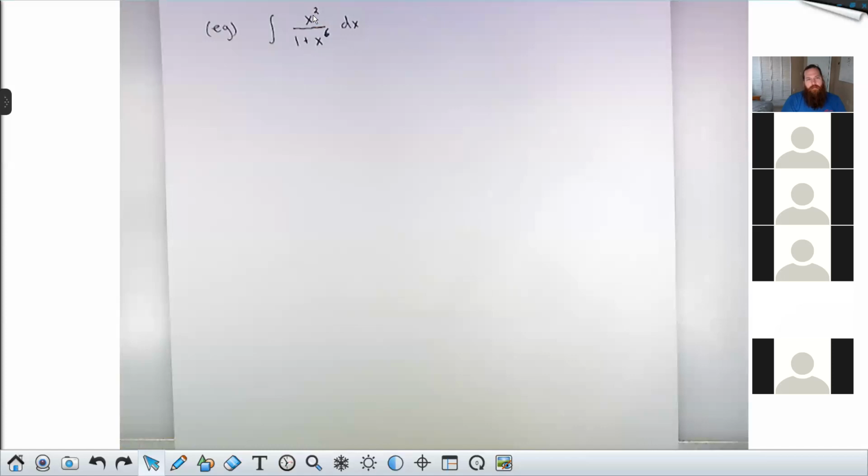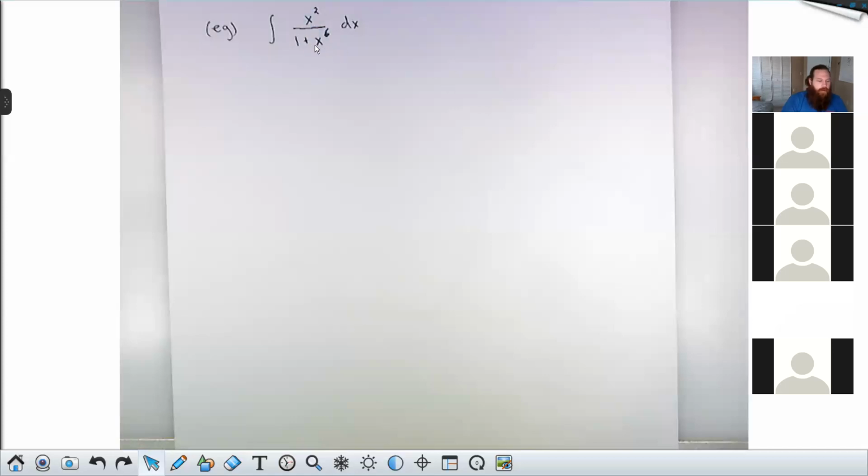But when I look at this, I see something that kind of looks like, if this was a 1 and this was an x squared, then 1 over 1 plus x squared, I know that that integral is arctan. So this is kind of in the shape of the derivative of arctan, but it definitely doesn't look like it yet. So I'm going to start trying to massage this until it looks more and more like an arctan integral, just because it has that shape, something over 1 plus something.